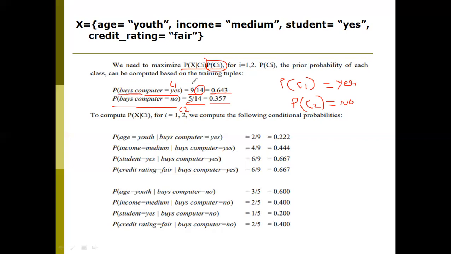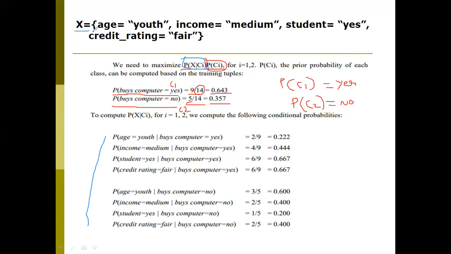Then what we have to do? Now we would calculate the probability of P of X by Ci. What is X?